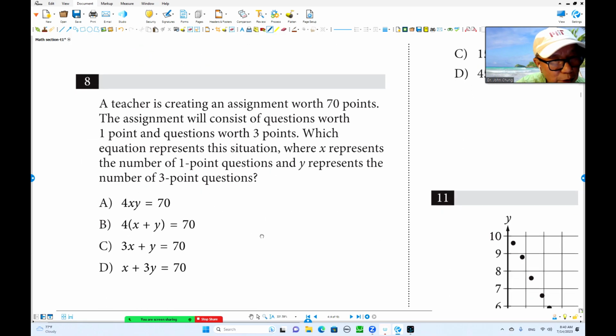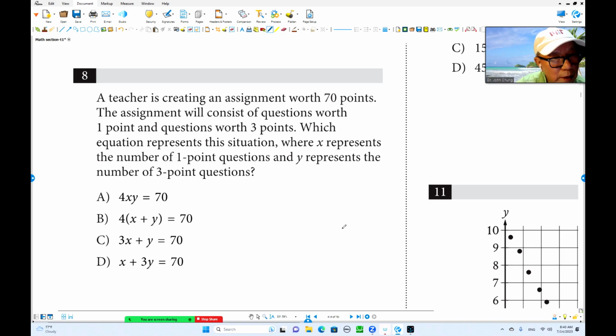All right, number 8. A teacher is creating an assignment worth 70 points. Okay, 1 point questions and 3 point questions. So the number of 1 point questions is x over here, right?